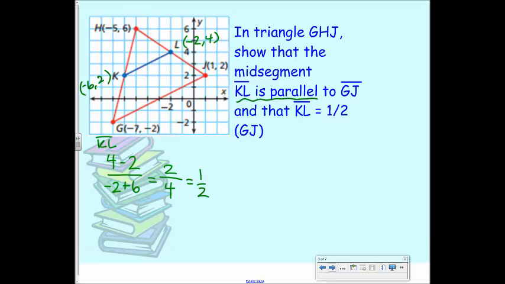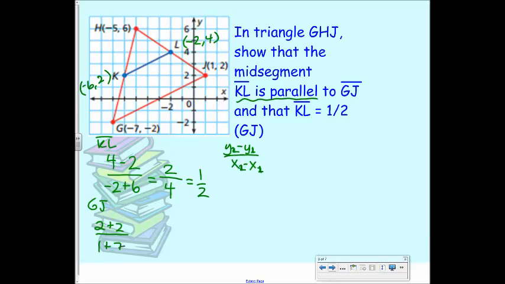Give me the slope formula for that one. It doesn't matter which point you pick, as long as you use the same coordinate for your first ones, it doesn't matter which is which. 1 plus 7, and then 1 plus 7.